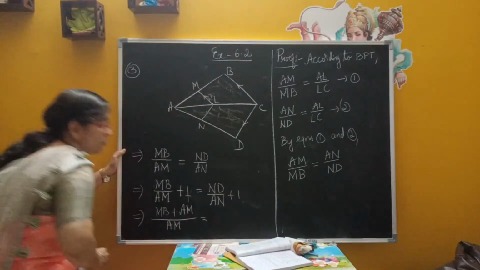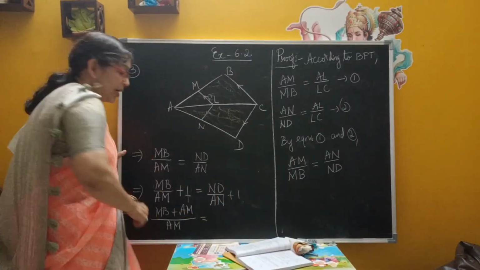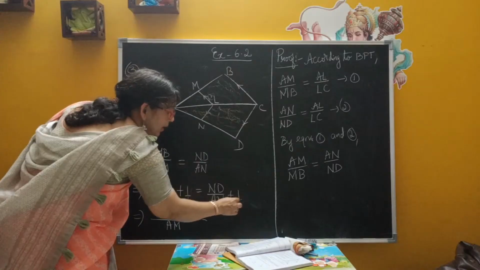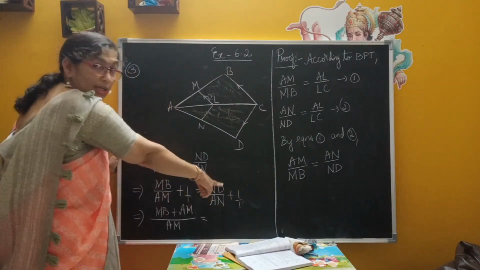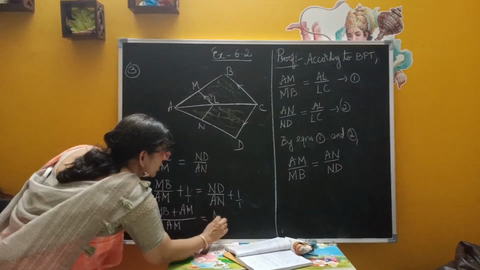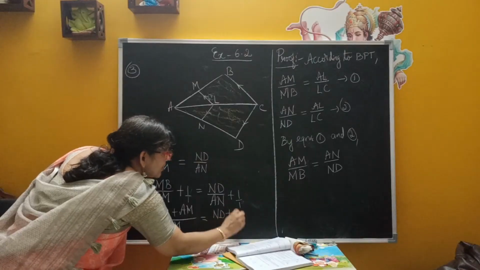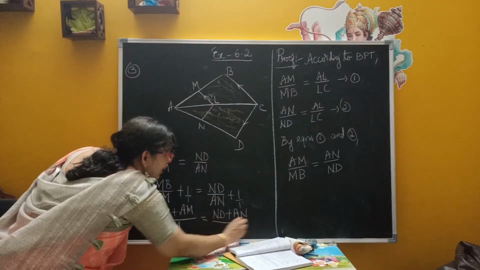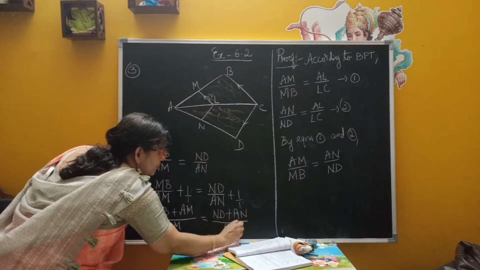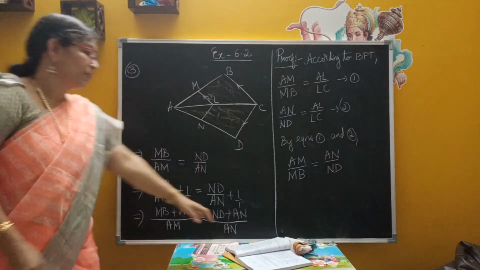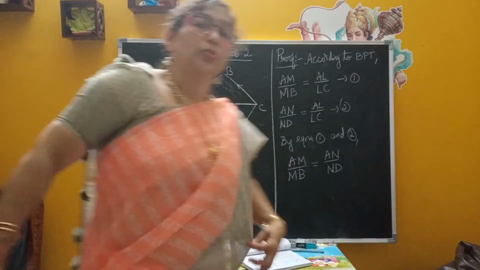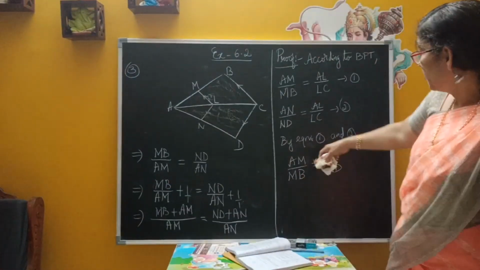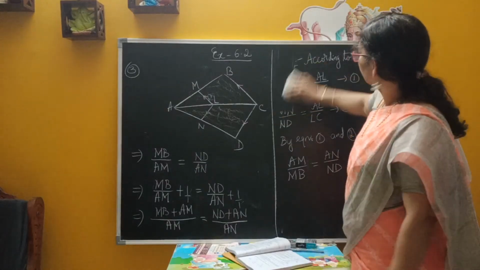In the RHS also, AN is the common denominator. So I multiply both the numerator and denominator by AN. So what do I get now here? ND plus AN by AN. Now you got to know why I have taken the reciprocal here.